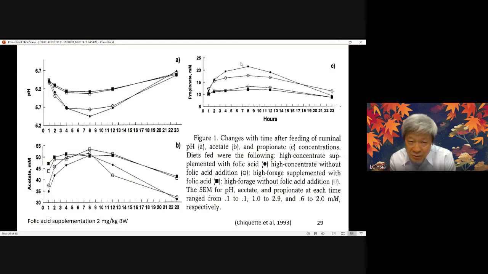In the concentrate situation, yes, but not in the forage situation. This is a good question because folic acid has no big influence on the forage, rather a big influence on the concentrate.